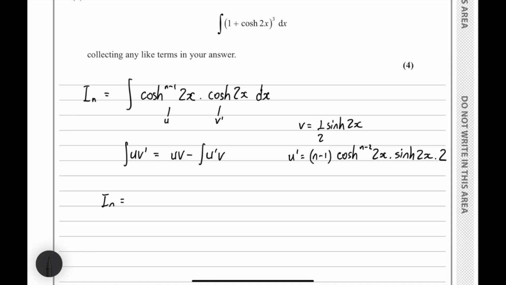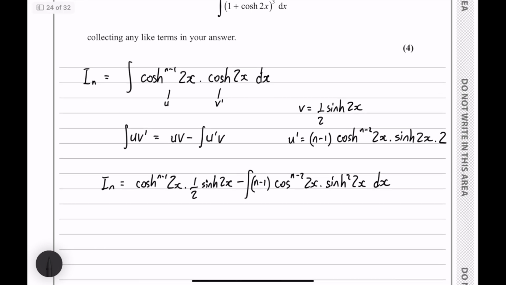U times v, so that's u, not u prime, cosh n minus 1 of 2x times 1/2 sinh 2x minus the integral of these two multiplied together, so the half and the 2 cancel out, n minus 1, and we've got sinh 2x twice, so we've got cosh n minus 2 of 2x times sinh squared 2x, which is good because we can change that back into cosh squared.